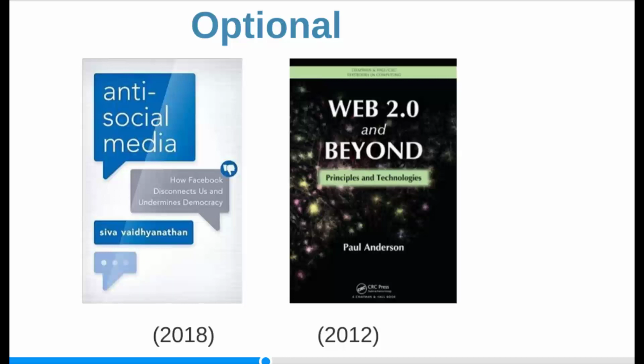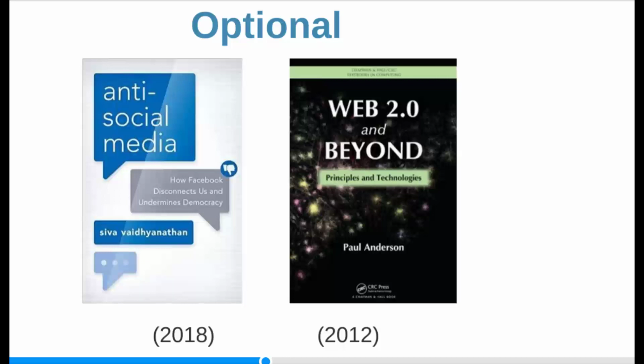I am also suggesting two optional books. Siva Vaidhyanathan's 2018 Anti-Social Media, which as its tagline implies, looks at how social media, and Facebook in particular, move through algorithms and practices to disconnect us rather than connect us, and in the process, undermine democracy.